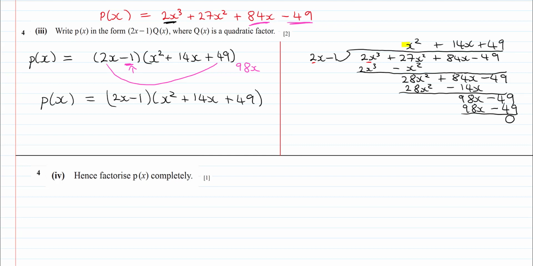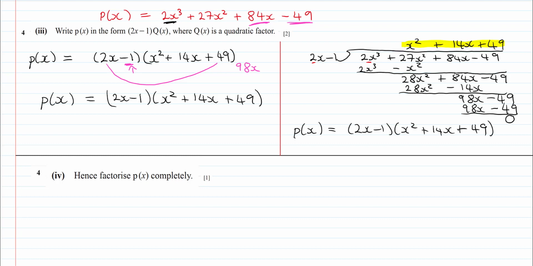So we're left up here with our quadratic factor. So therefore, p of x is equal to 2x minus 1 times x squared plus 14x plus 49.